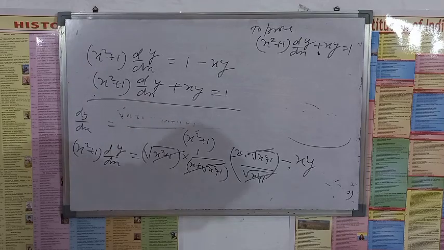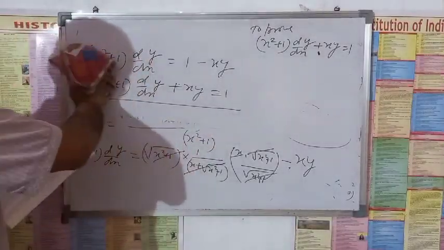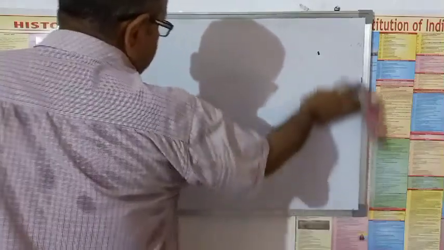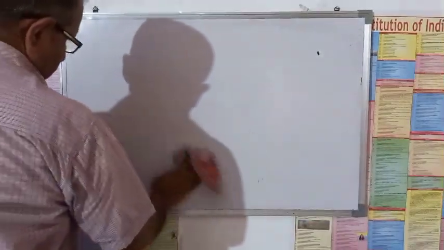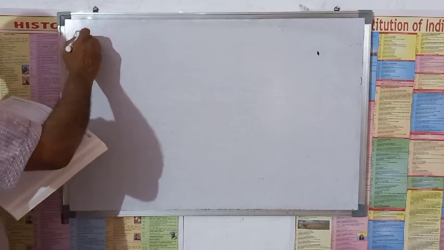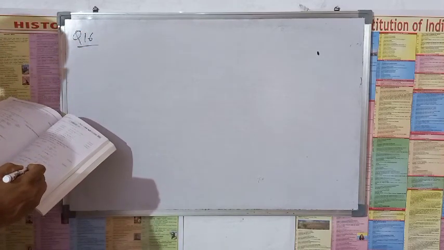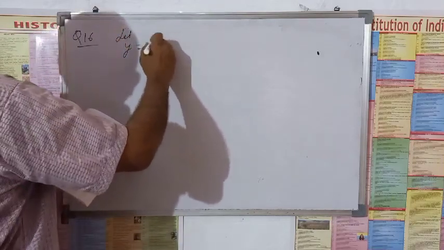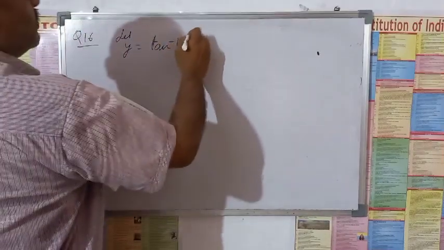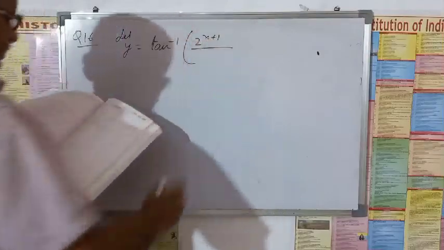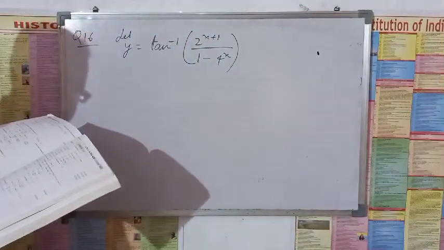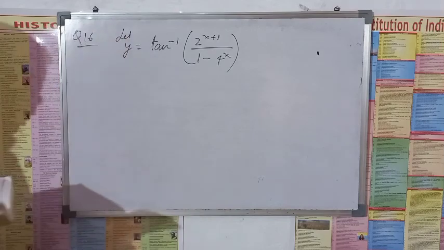Let us see question number 16 first. Let y is equal to tan inverse of 2 to the power x plus 1 upon 1 minus 4 to the power x.